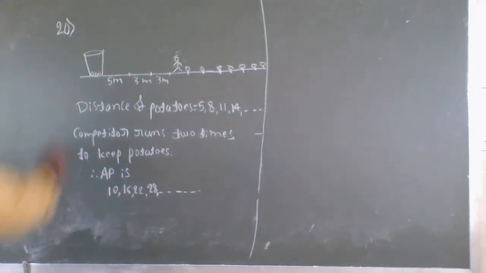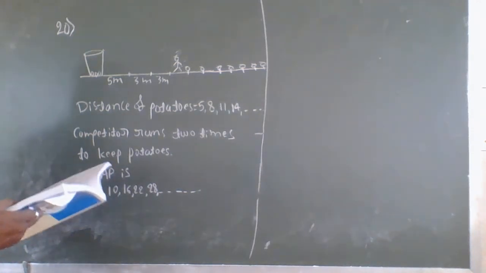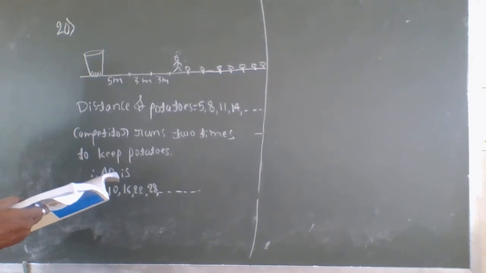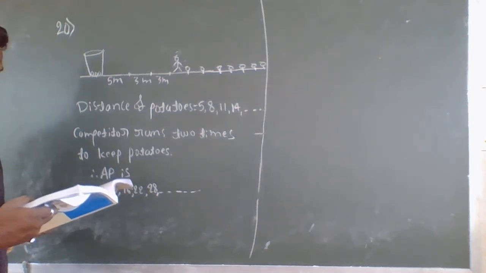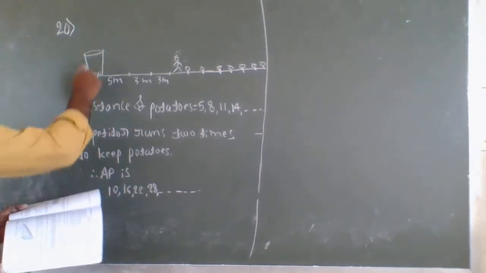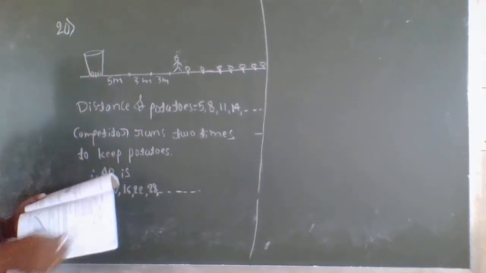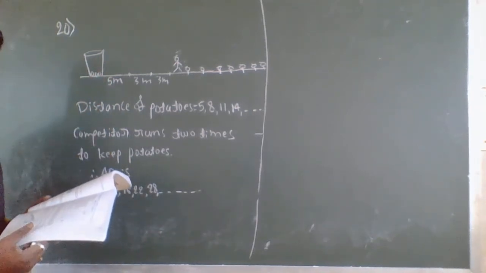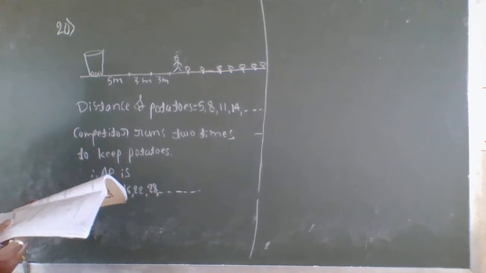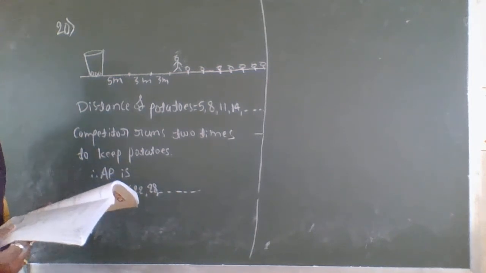So this is the 20th problem. What they have given here: in a potato race, a bucket is placed at the starting point, which is 5 meters from the first potato.